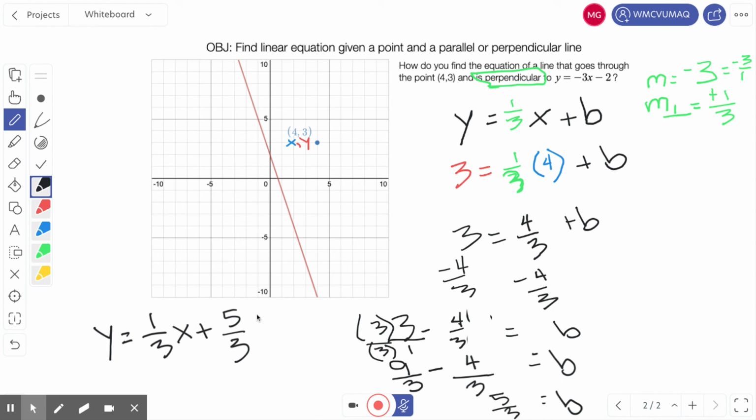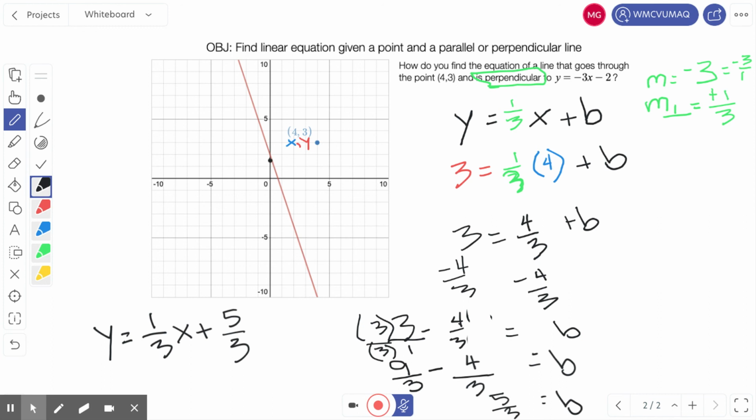Which means 5/3 is 1 and 2/3. So if we go up to 1 and 2/3, it's going to meet very close to the y-intercept of the other.